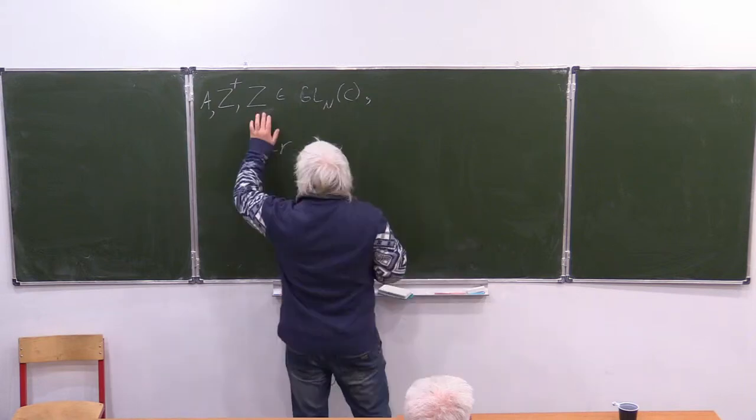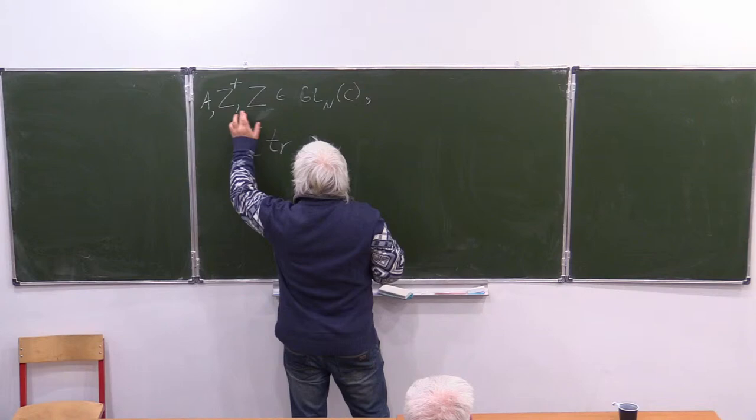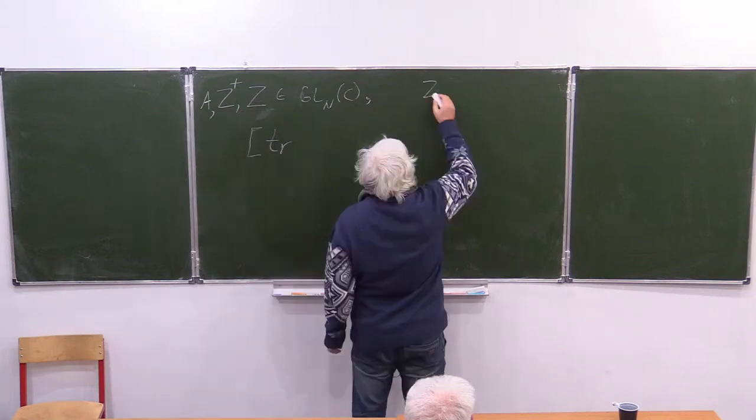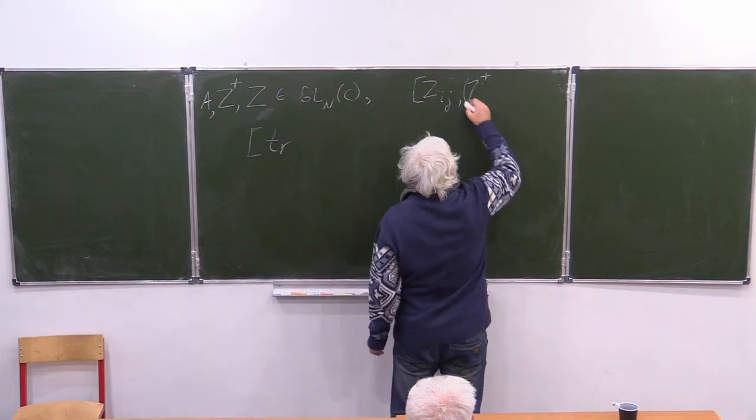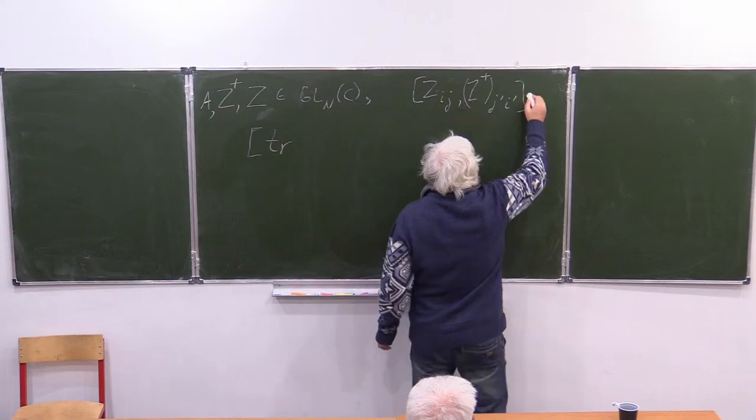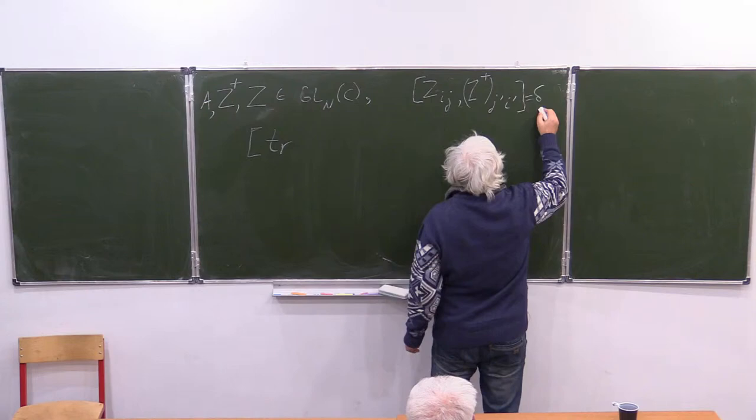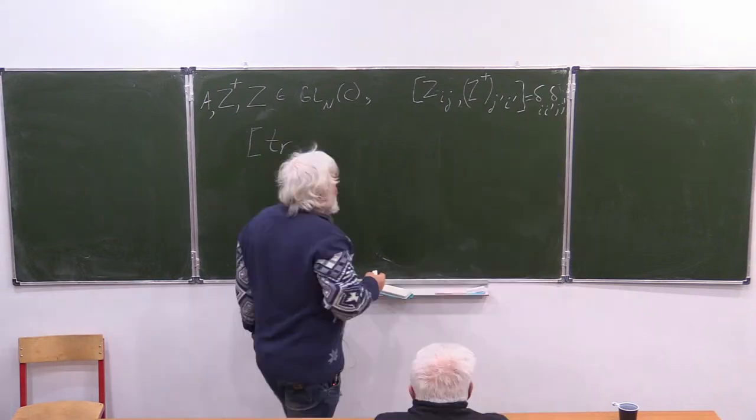And there are conjugated bosonic operators, which means that the commutator between Z_ij and Z-dagger_j'i' is equal to the Kronecker symbol. Actually, we can consider these matrix operators as a matrix of derivatives.